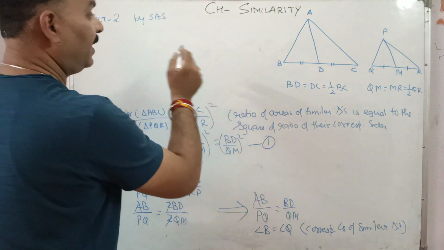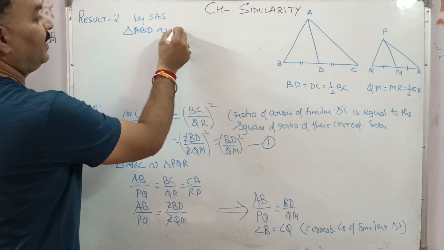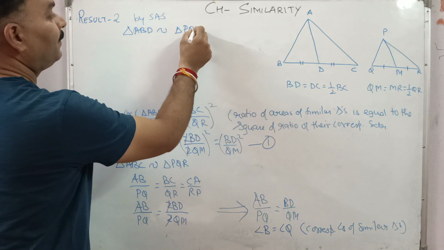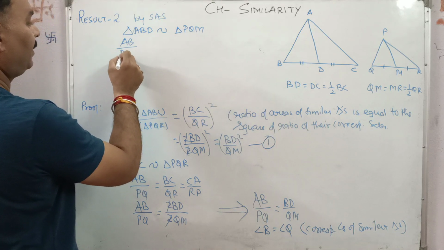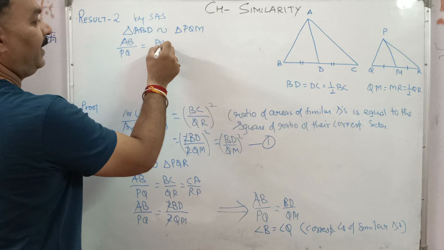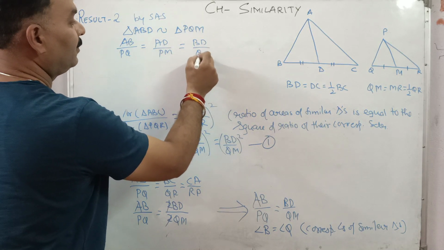So by SAS, we can say that triangle ABD is similar to triangle PQM. From this we can write AB upon PQ is equal to AD upon PM is equal to BD upon QM.